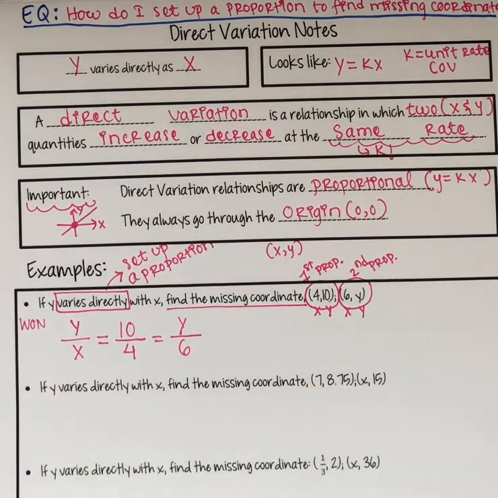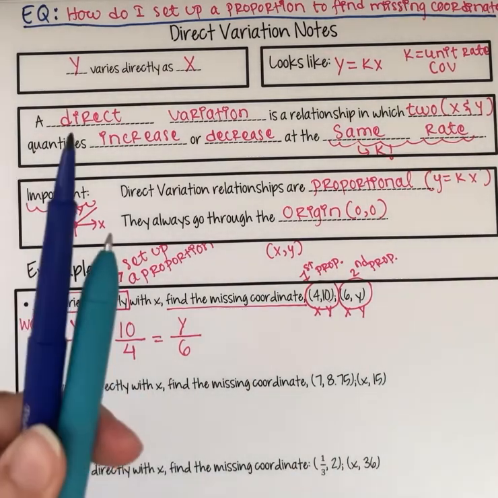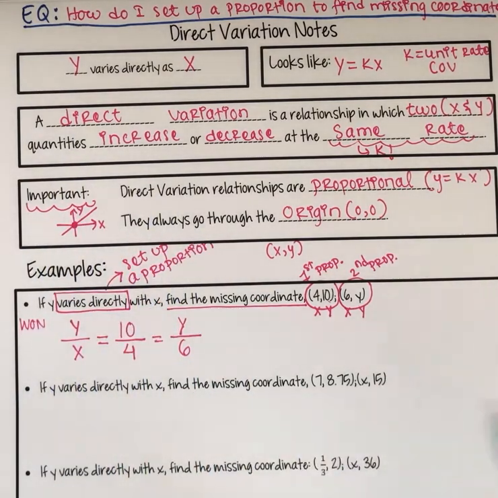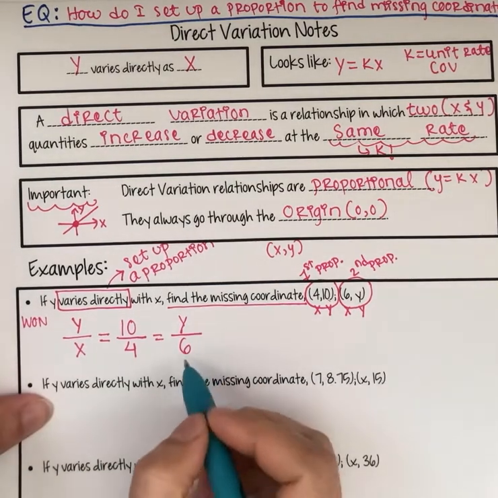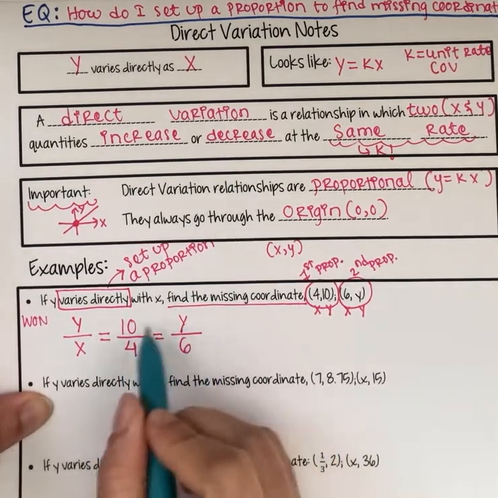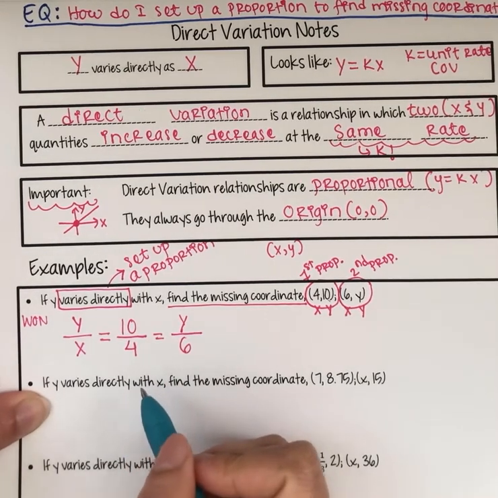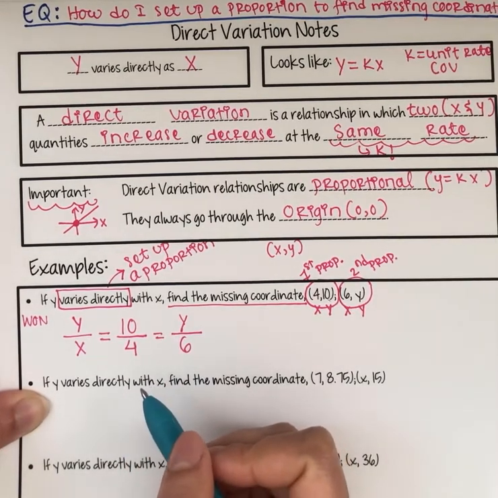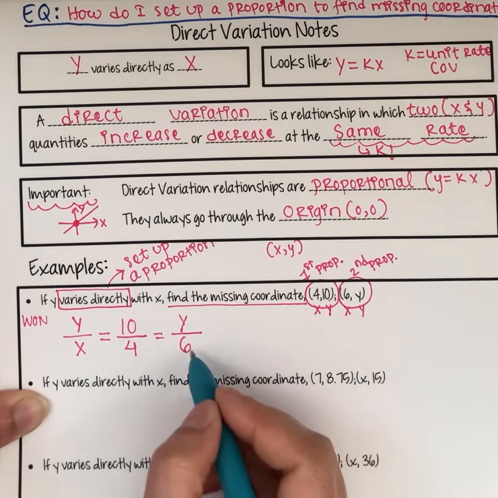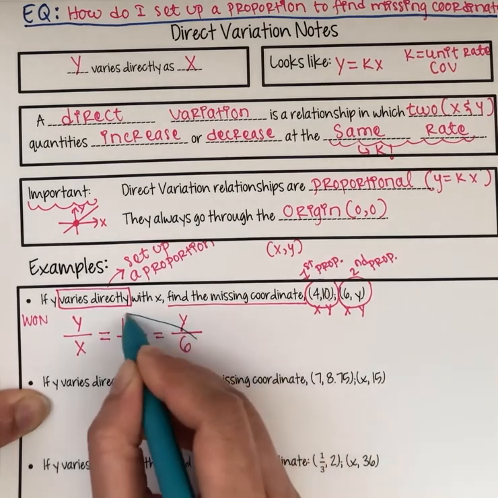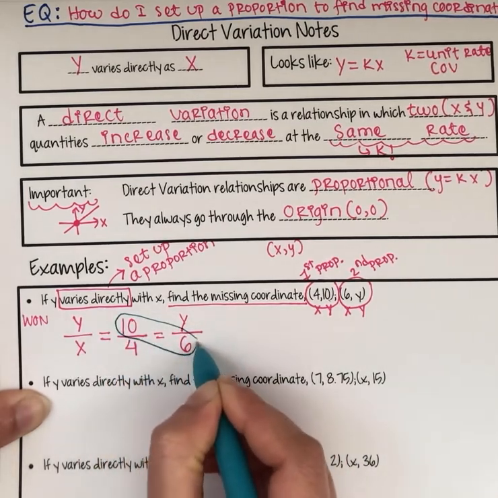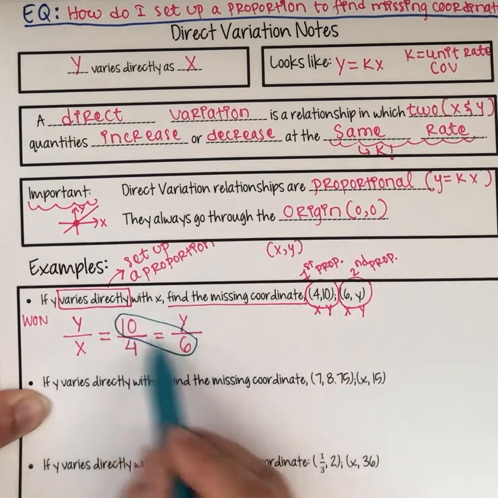Okay, now I'm going to use these two colors to show you how to solve for that missing coordinate y. When you see a proportion, you need to think cross multiply, right? But what does that even mean? Well, it just means to multiply across, and that is denoted by this bat.